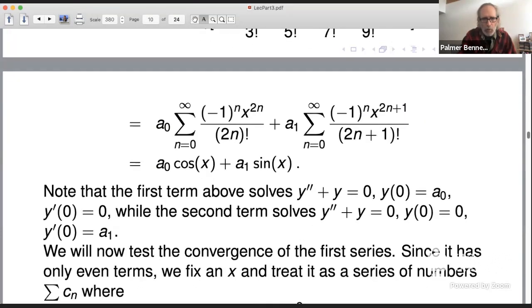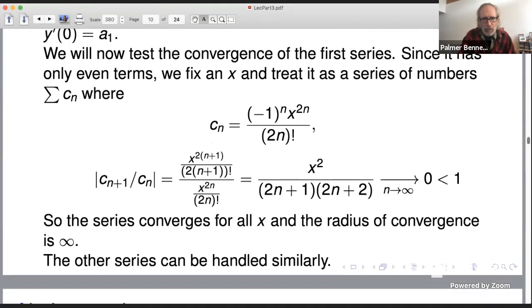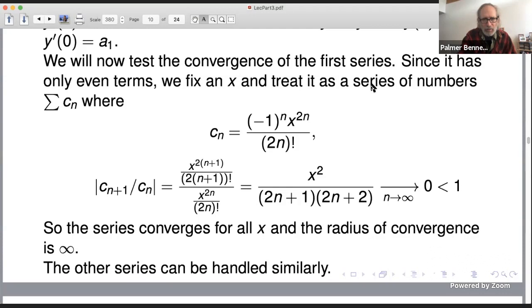What we did was plug a number x into the series, and then we just treated it like a series of numbers. Just imagine you plug in x equals 5 or something. That'll just be a series of numbers, Cn.